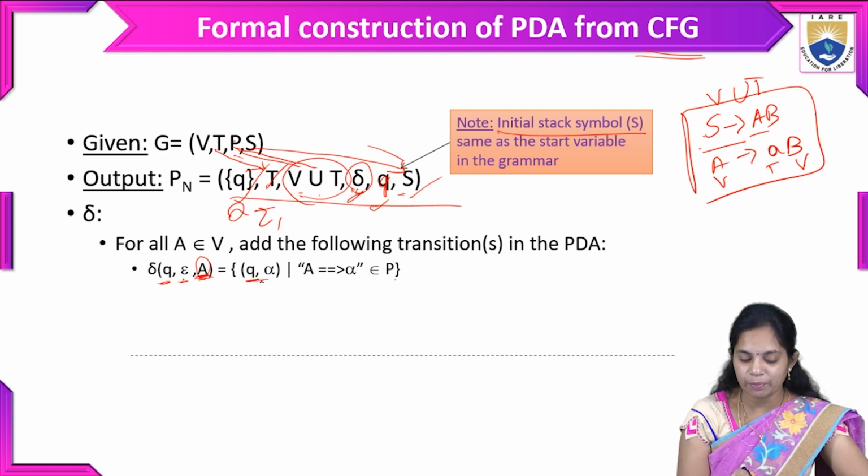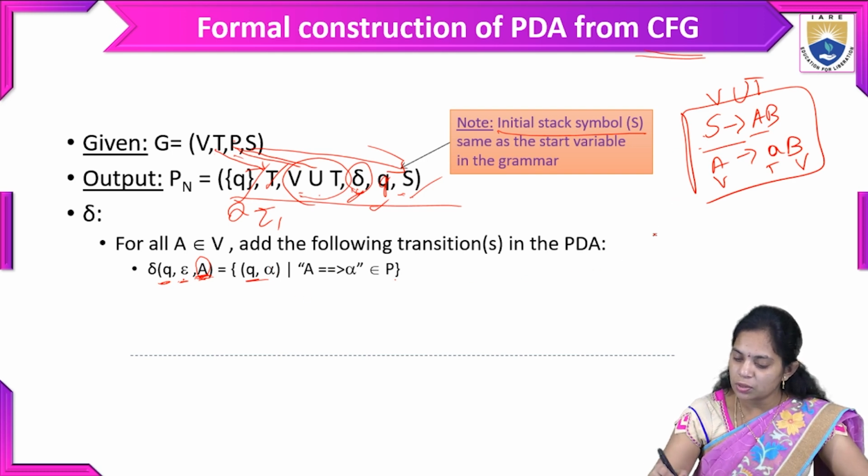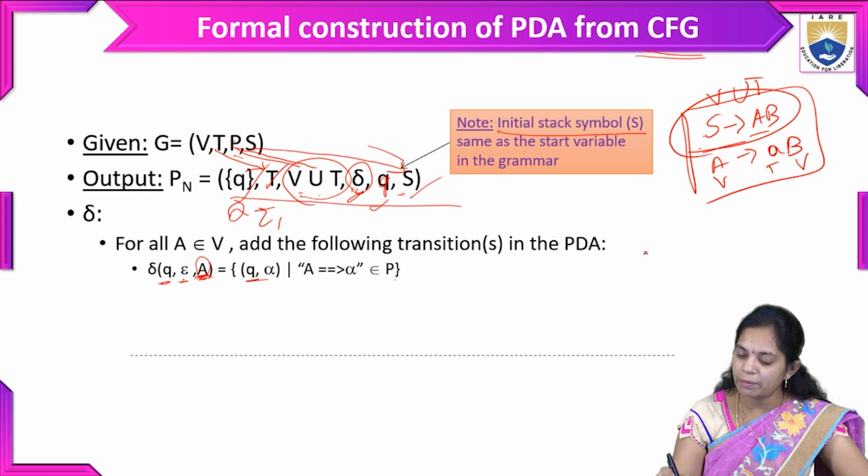It has the present state Q, and this is also the next state, with alpha. This alpha is from the production rule. Suppose S tends to AB is there. This S tends to AB is the production rule. According to this equation, A is S here, and alpha is AB.